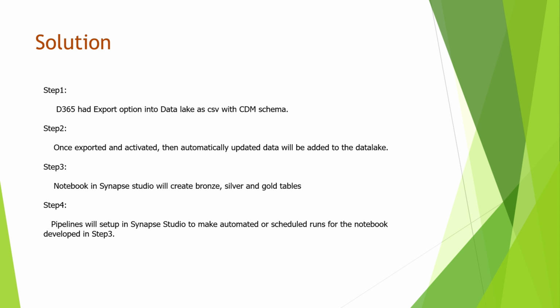The gold layer contains your final entities or tables, in the form of dimensions and facts as per your design or reporting needs. Once the notebooks are completed, we can schedule them in pipelines in Synapse Studio to make it automated or scheduled based on our business requirements.